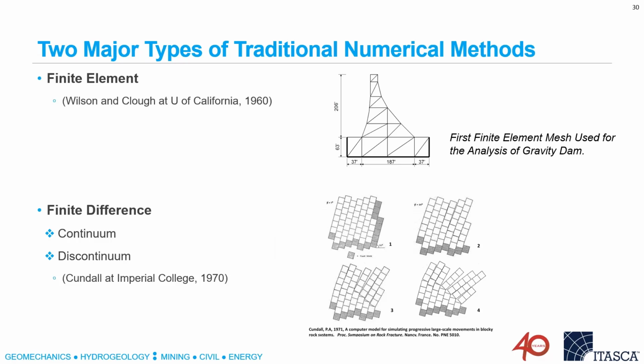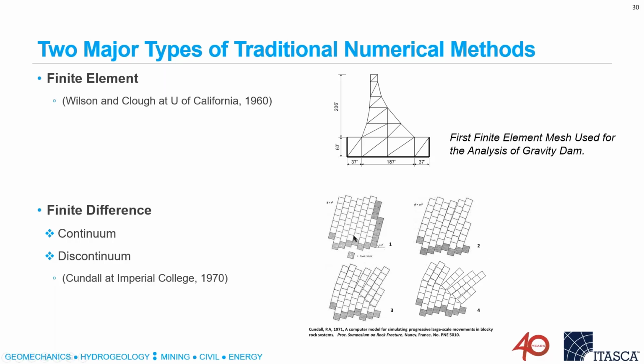So let's then talk about the more traditional numerical methods, which we're probably more familiar with these days. Two types, finite element and finite difference, that have long histories, but maybe not as long as limit equilibrium.